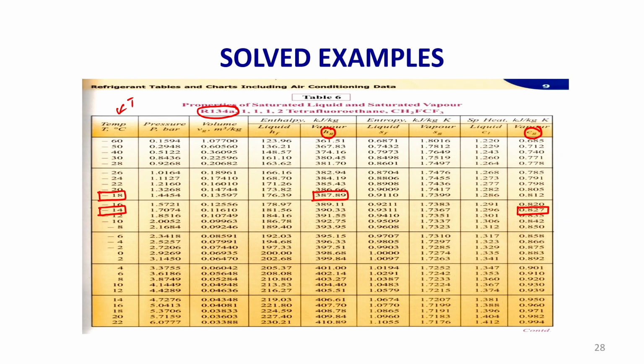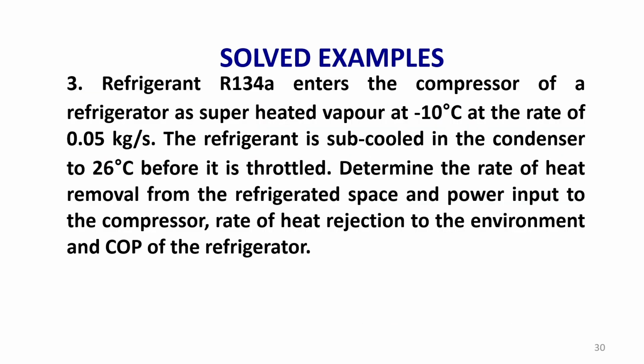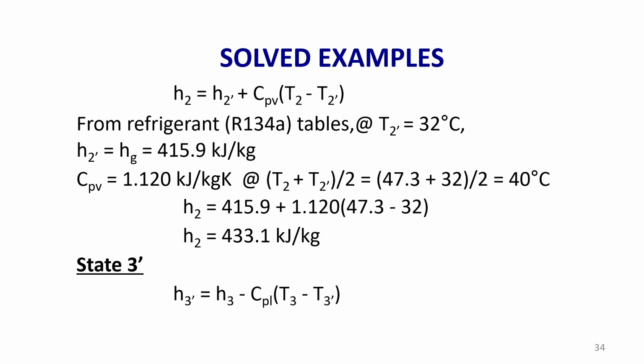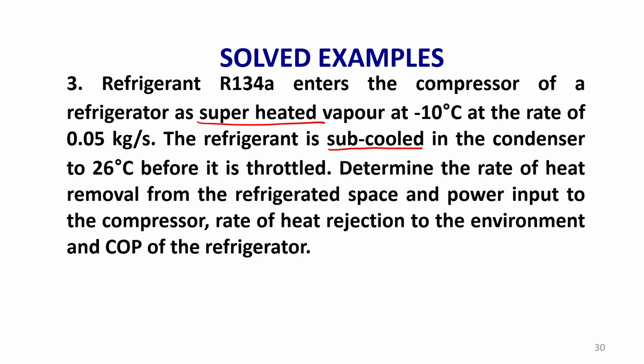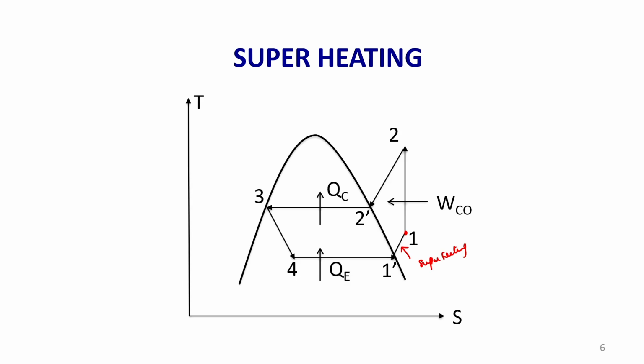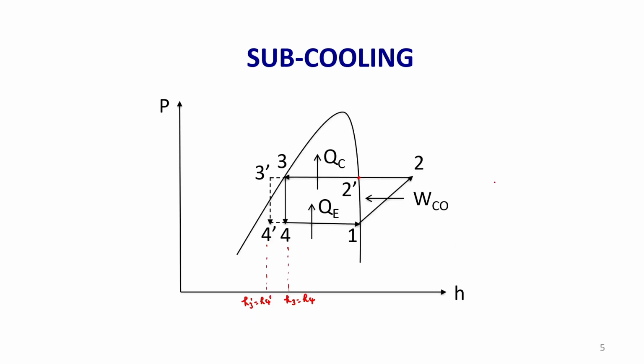So, this is case number 2, and case number 3 is both subcooling and superheating. Follow a similar procedure. Here, state point 1, let me explain this diagram, because time may not be there to explain the numerical question completely, but the concept we have explained, the procedure for solving problems with subcooling and with superheating.